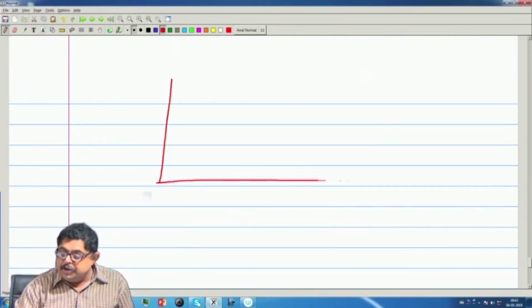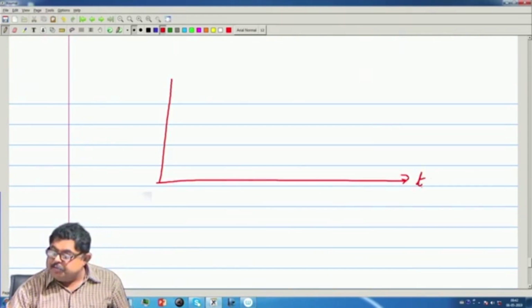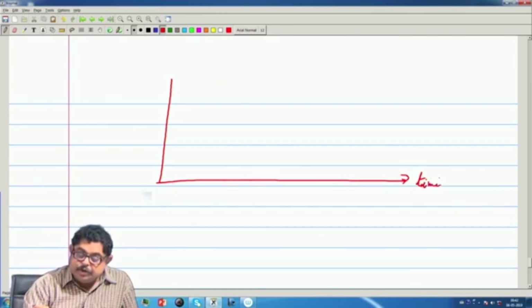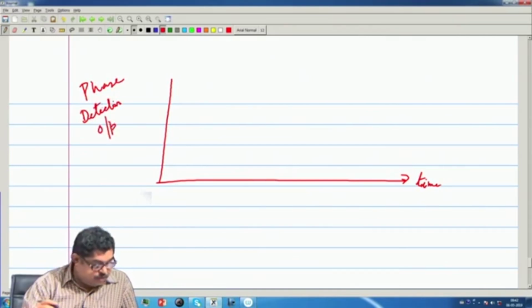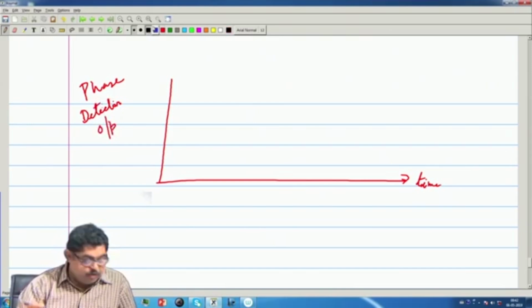So, if I plot time versus phase detector output, you will see something like this.